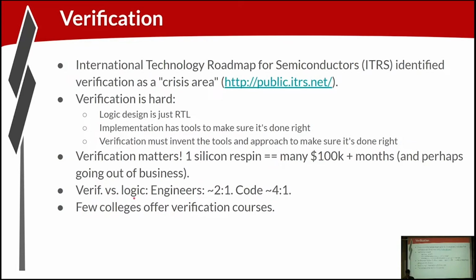Generally, today we see about 2-to-1 for verification engineers versus logic designers. The amount of code that verification engineers produce is probably 4-to-1 versus logic designers, right? Which kind of makes sense.